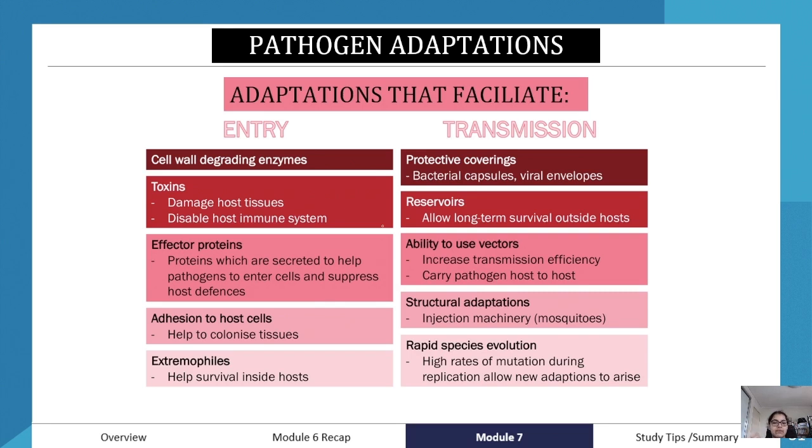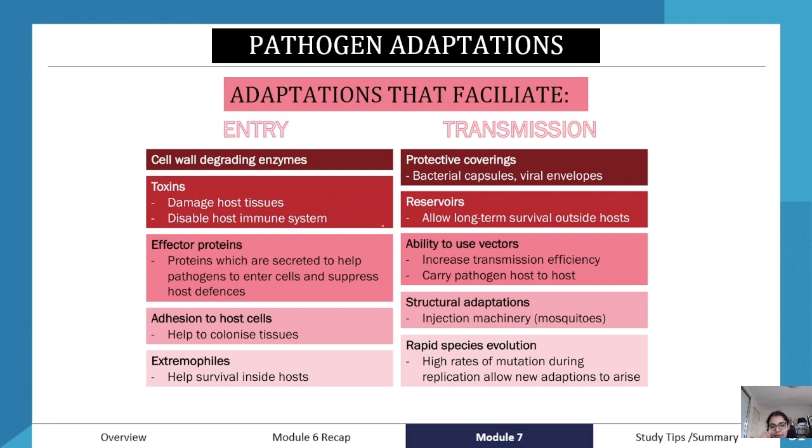They can rest in reservoirs, so through that they can survive for a while before they gain a host. They can also use vectors in some cases, which increases transmission efficiency. So that, as we saw with the Plasmodium protozoa, and the vectors can help carry the pathogen from one host to another. Structural adaptations, so injection machinery like with mosquitoes.